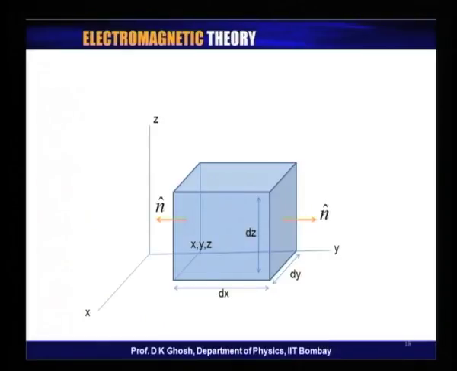We have said that the divergence of a function is the limit of the ratio of the surface integral of the vector field at a point. I am saying it is a point because I have an infinitesimal volume there, bounded by an infinitesimal surface. I divide it by the volume, and I let the volume and the surface go to 0, and this ratio is finite, and that quantity I call the divergence of the vector field at that point.